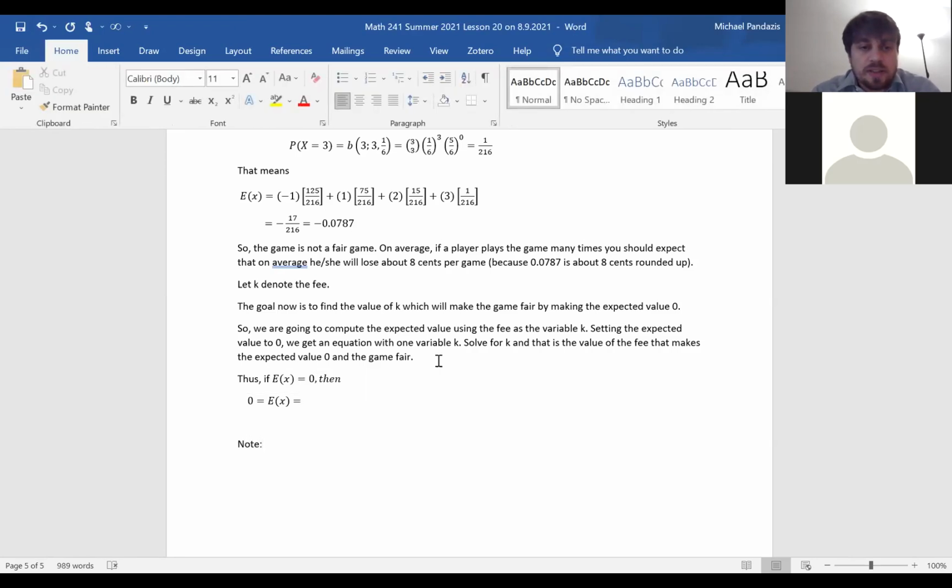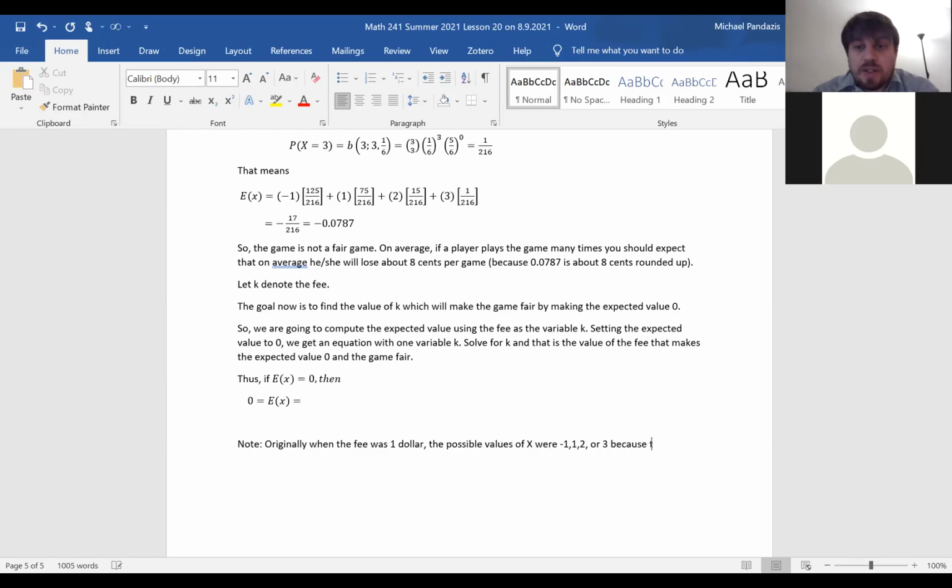Note that originally, when the fee was $1, the possible values of capital X, the possible net gains of the game, were -1, 1, 2, or 3, right? That's if you paid $1.